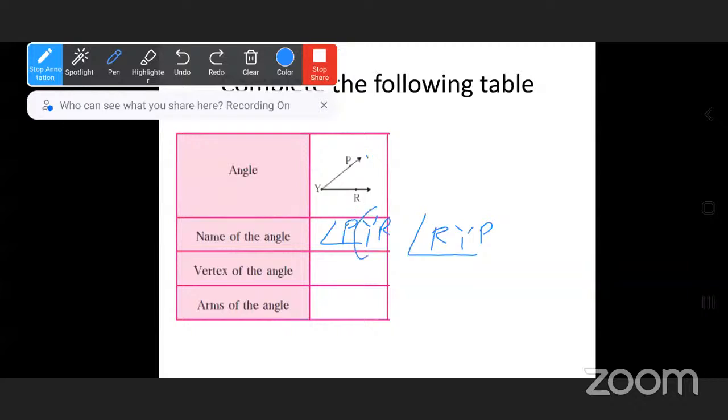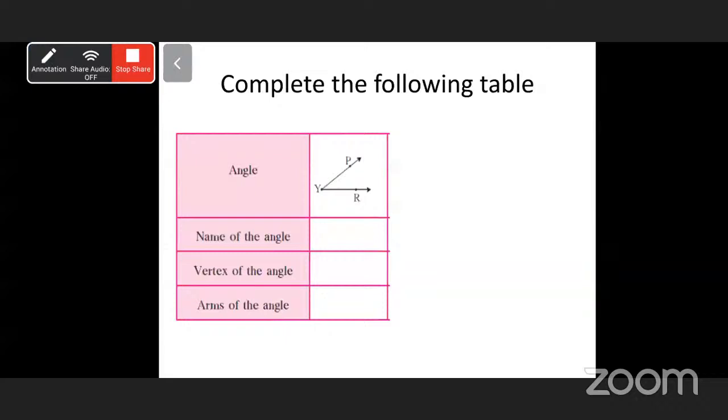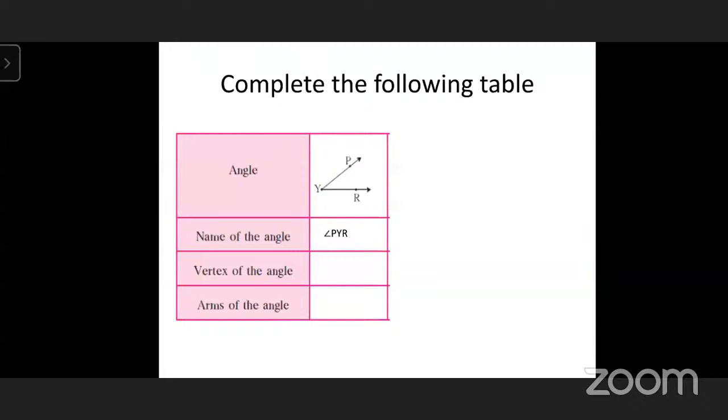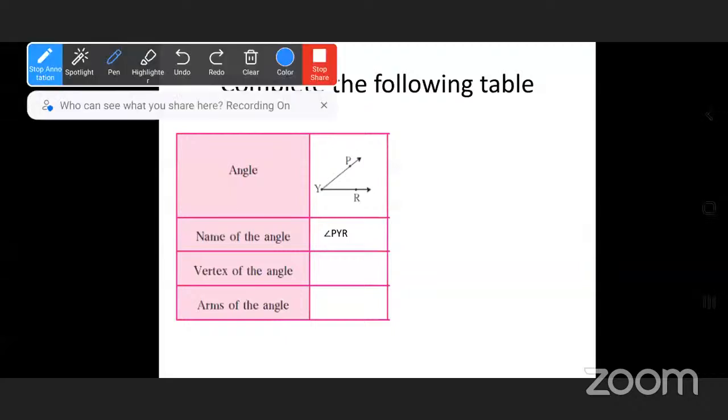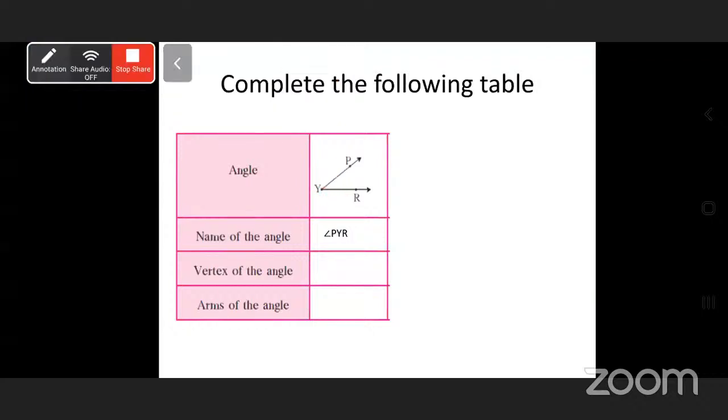In both cases, the vertex should be in the middle. So this is how we write the name of the angle. Now the vertex of the angle means what? Vertex means it is the corner or the meeting point of the two rays. So here this acts as a vertex, and we are going to write it as point Y. And which are the two arms?